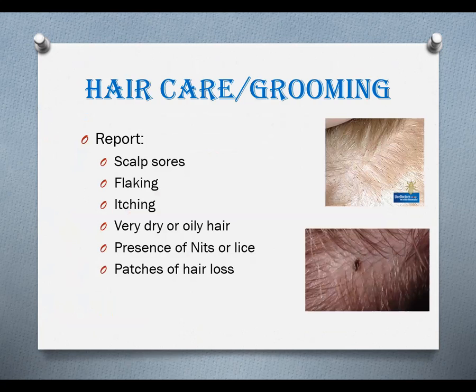When performing hair care, report if there are any sores on the scalp, if there's too much flaking, or if the resident complains of itching, very dry or oily hair, of course the presence of nits and lice, or patches of hair loss, so that an intervention can be done.